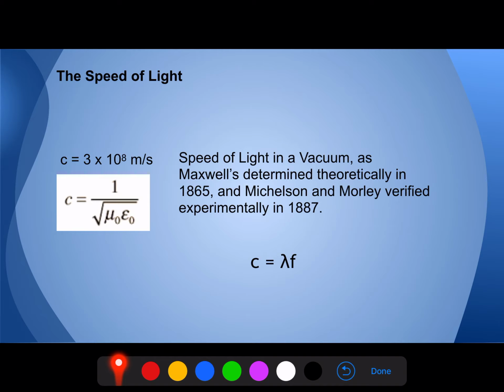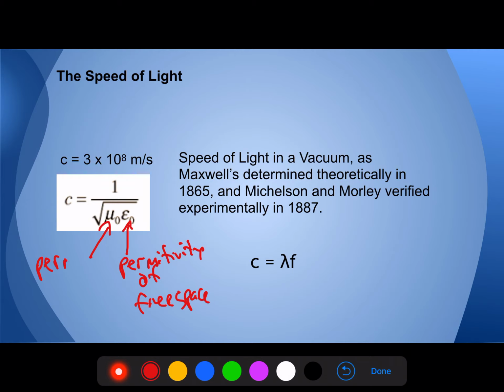Okay, so one thing that's interesting to note is, this may seem a little bit abstract other than me saying electric fields and magnetic fields and showing you a cartoon, but if you take these constants that we've been using all semester and you place them into this formula, so here is the permittivity of free space, and here is the permeability of free space.